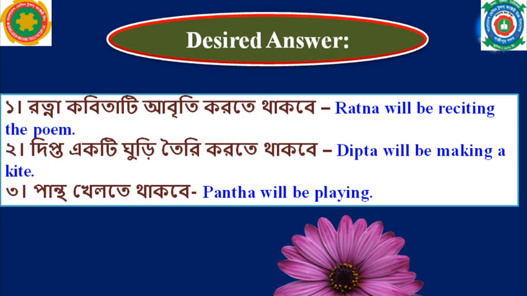So here, Dipto will be making a kite. This is the example of which tense? Can you say? This is the structure of future continuous tense, right? That action will occur in future and will be continued in future.